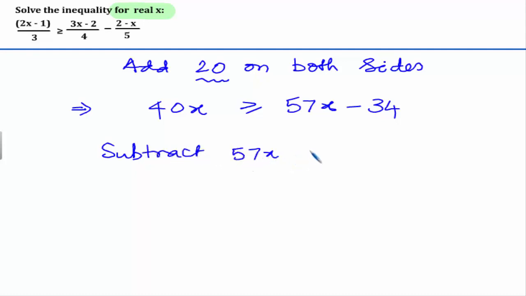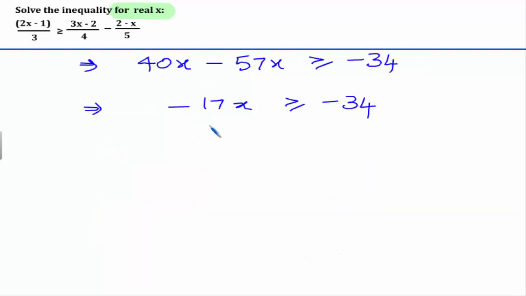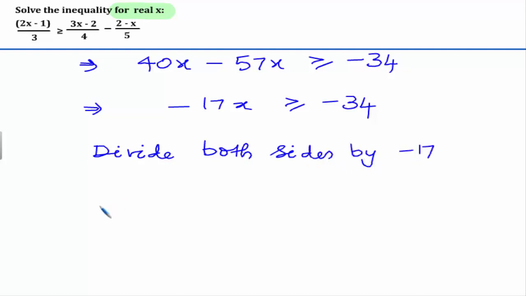Now let us subtract 57x from both sides. Here we get 40x minus 57x greater than or equal to minus 34, and this will give us minus 17x greater than or equal to minus 34. You can see the coefficient of x is minus 17, therefore let us divide both sides by minus 17.